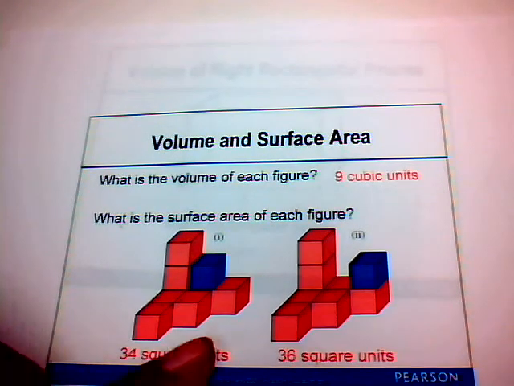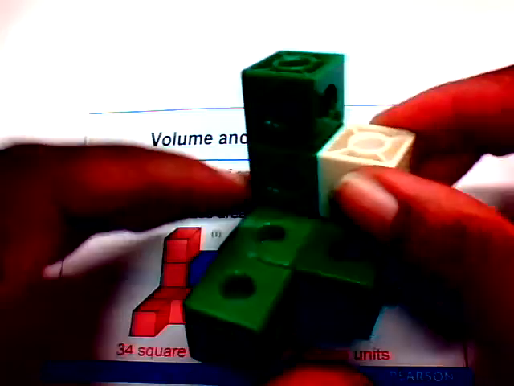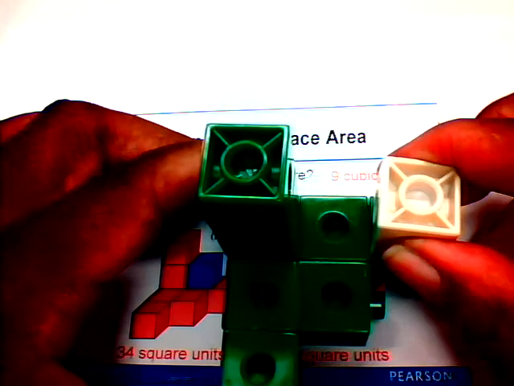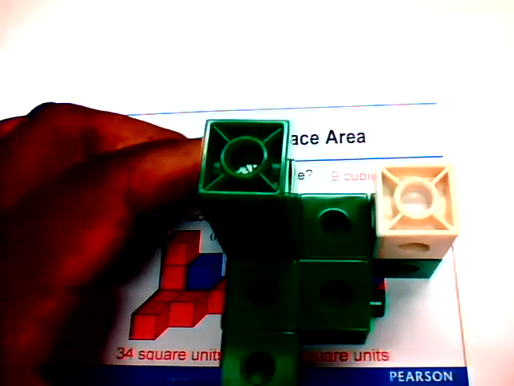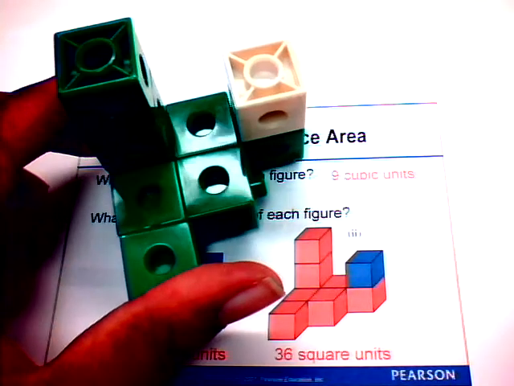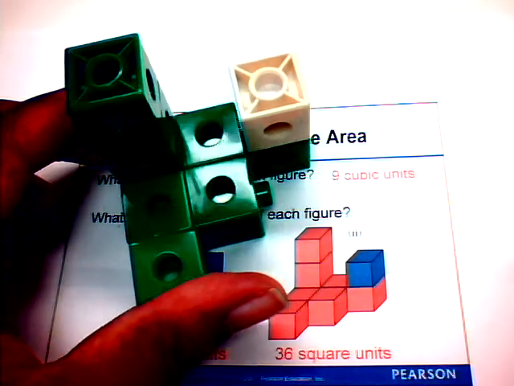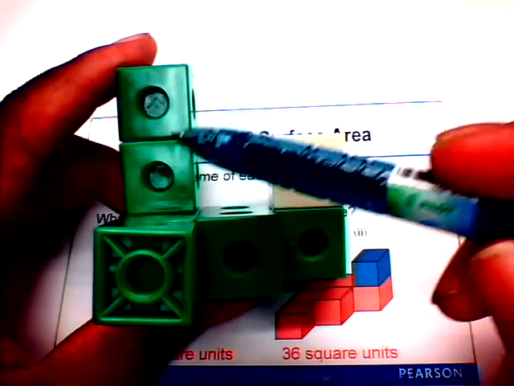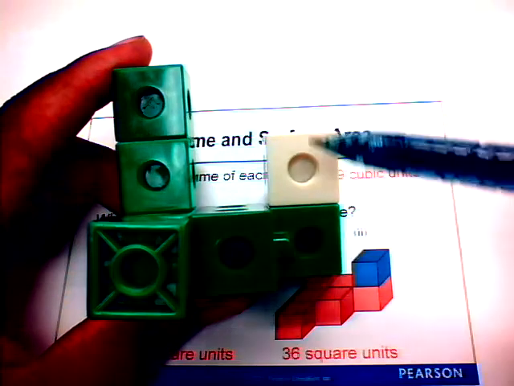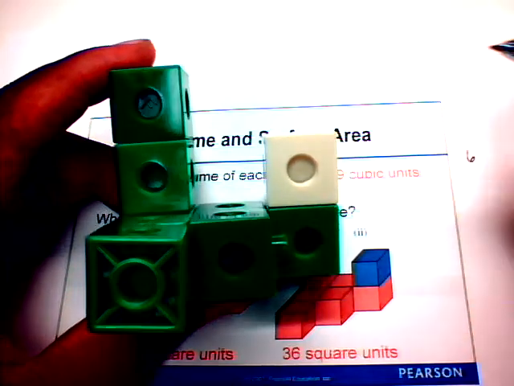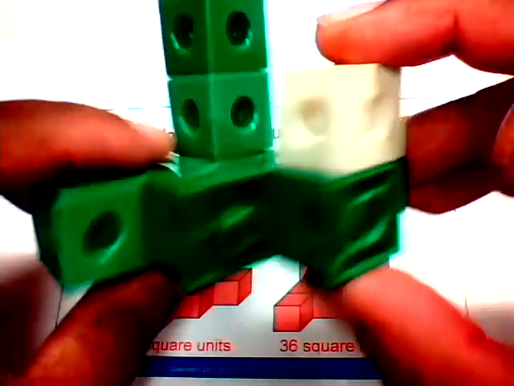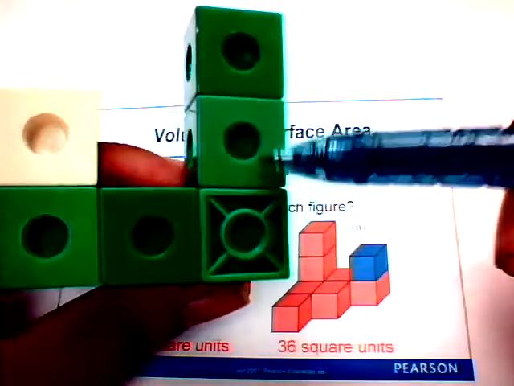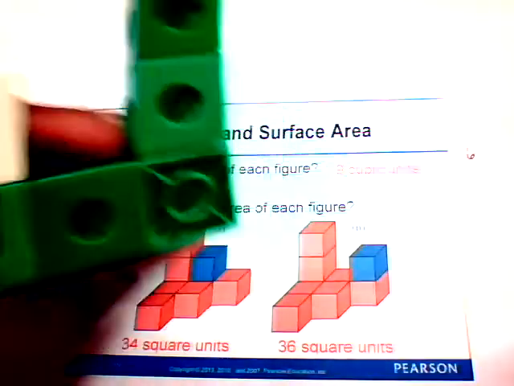Now, if we move this piece over to this side, then the surface area is going to change, because this time, if you look at the front, you've got 1, 2, 3, 4, 5, 6, and the back 1, 2, 3, 4, 5, 6.